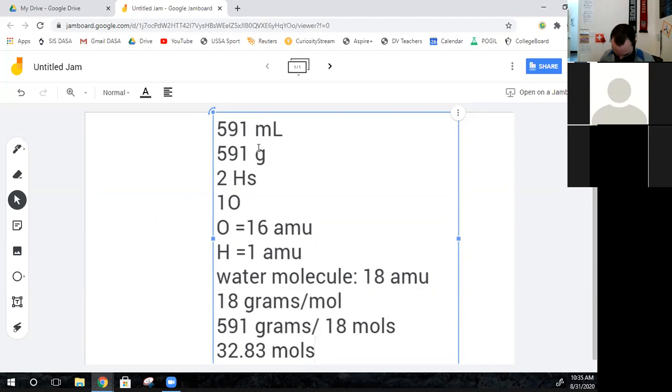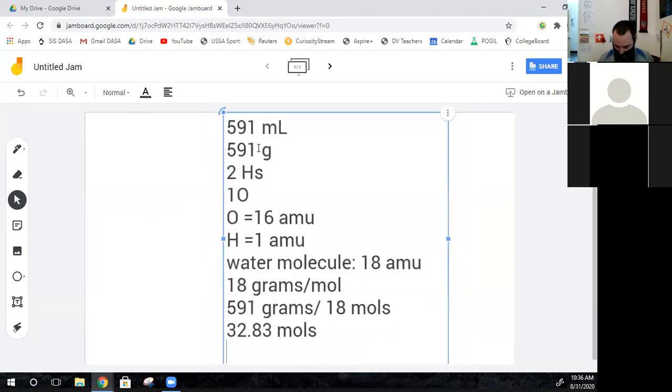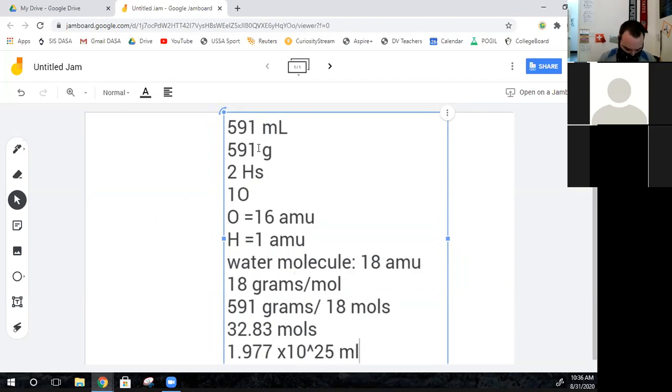Okay, and then if we take that number, 32.83 multiplied by 6.022 times 10 to the 23rd. That gives us 1.977 times 10 to the 25th molecules.